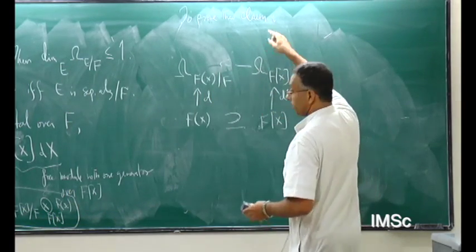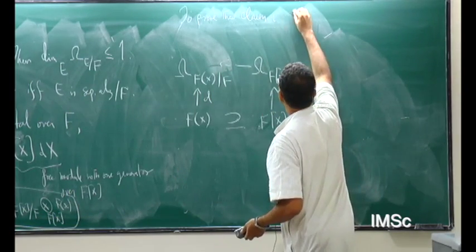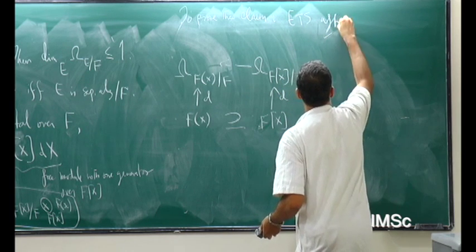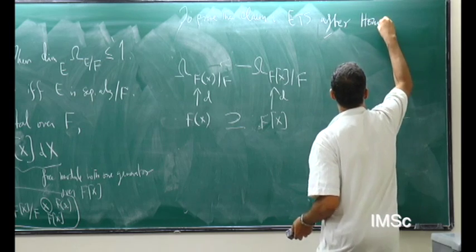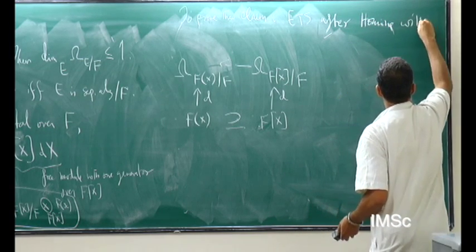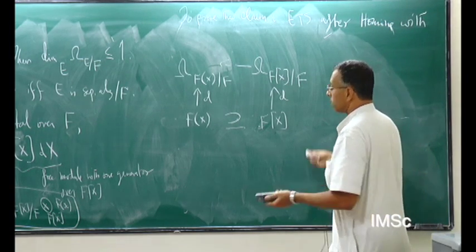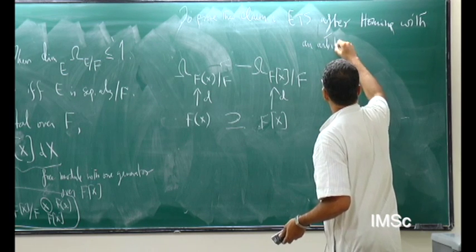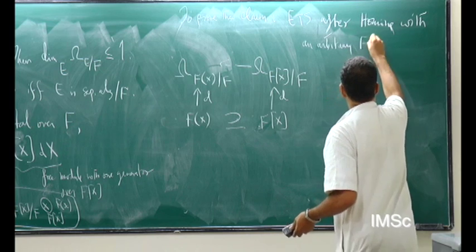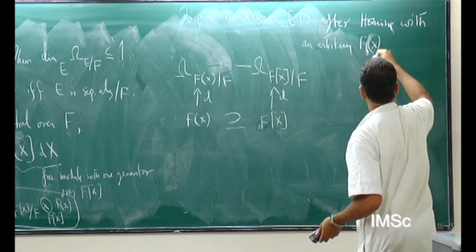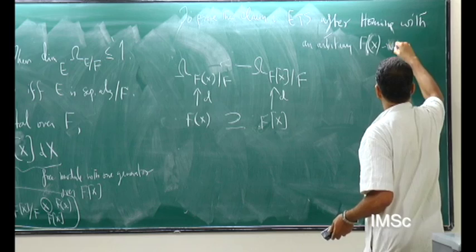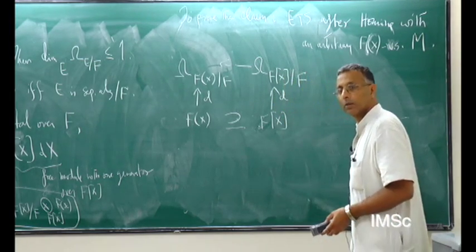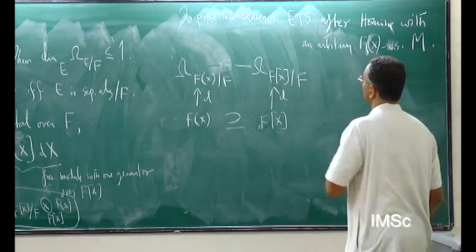So to prove the claim, it is enough to show, after homing with an arbitrary F(x)-module, F(x)-vector space M, right?